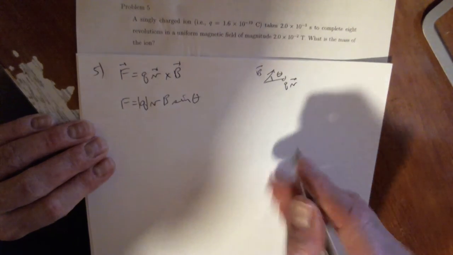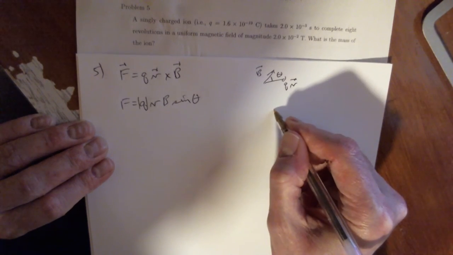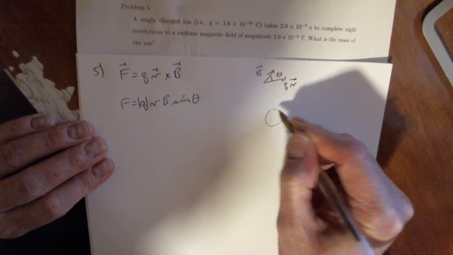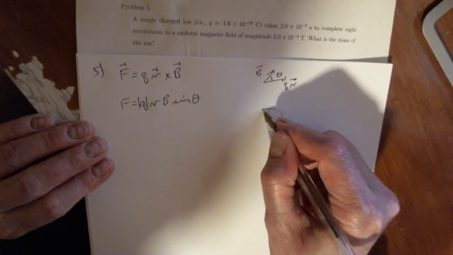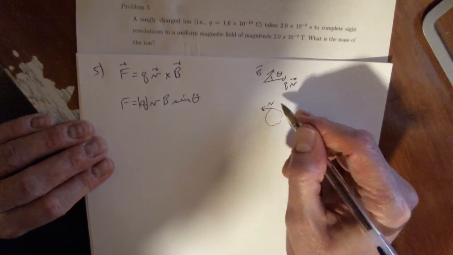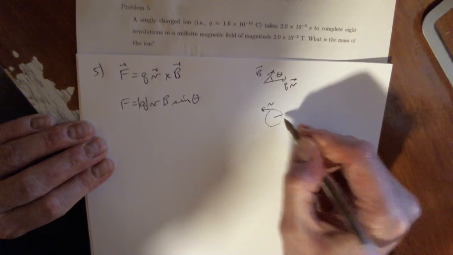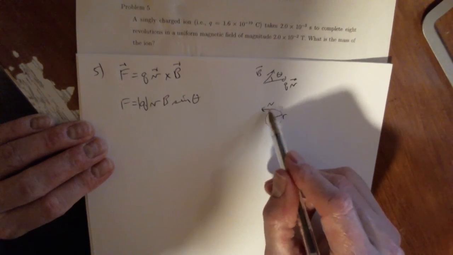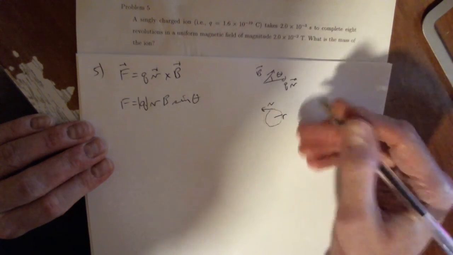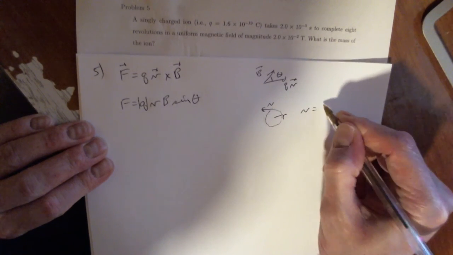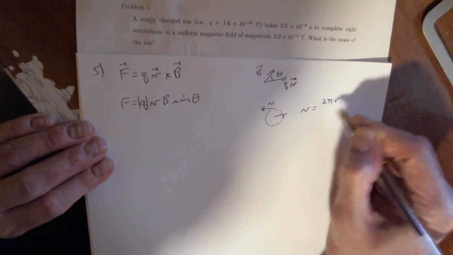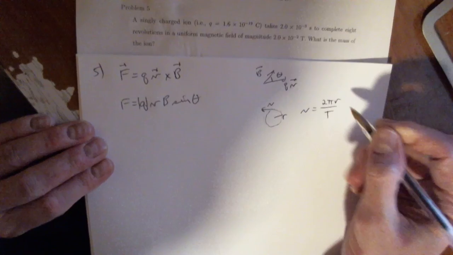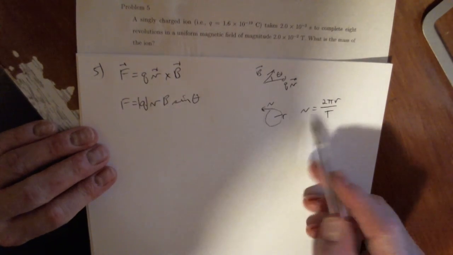And the period, if you're going in a circle, is related to the velocity by the fact that the distance traveled is 2 pi r, which is the circumference, and the time that takes is the period, so the speed is 2 pi r over the period.